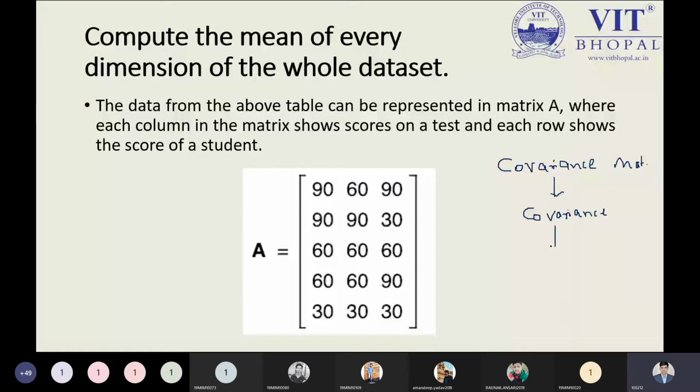And for the covariance, we must have the variance. And for calculating the variance, we must have the mean. That is the reason we are calculating the mean. Now it is clear? So the mean is used in the variance, the variance is used in the covariance calculation, and this is used in the covariance. Now it is clear? Yes, sir, clear.